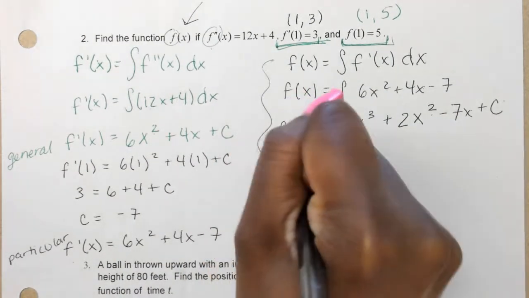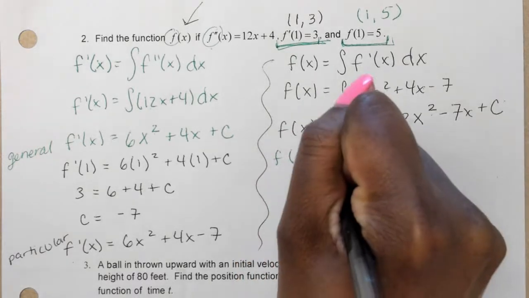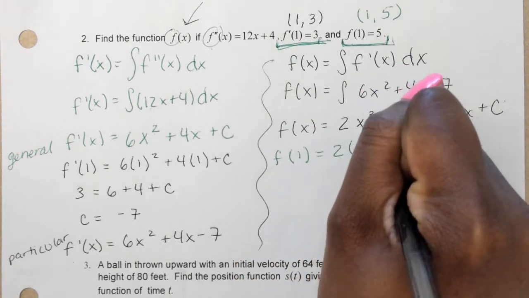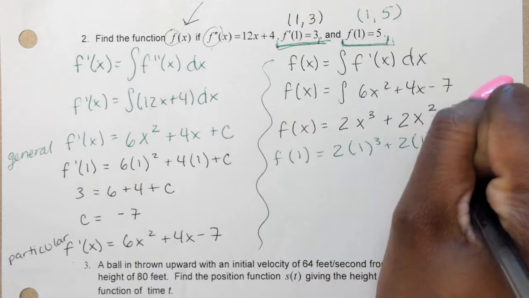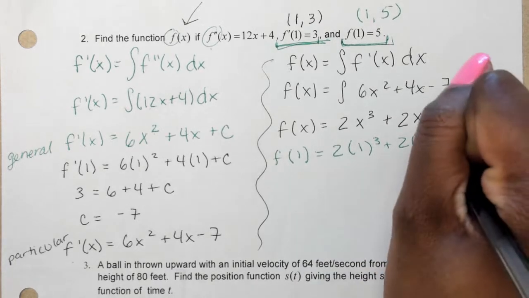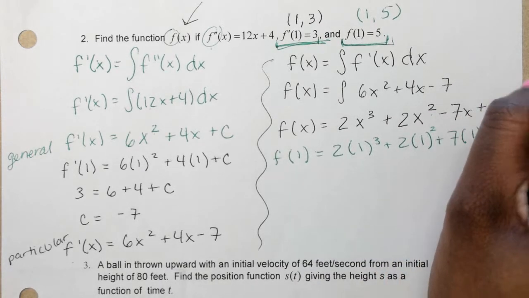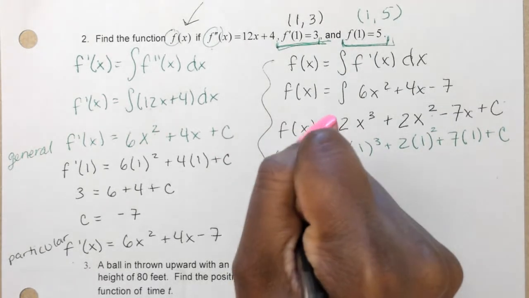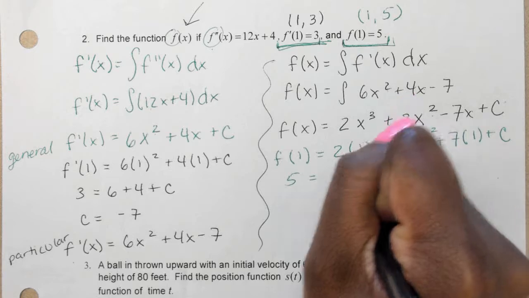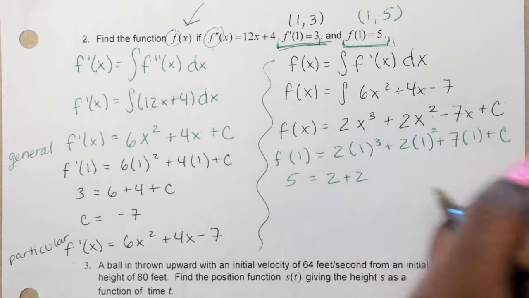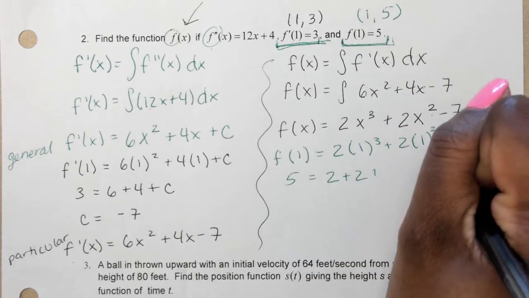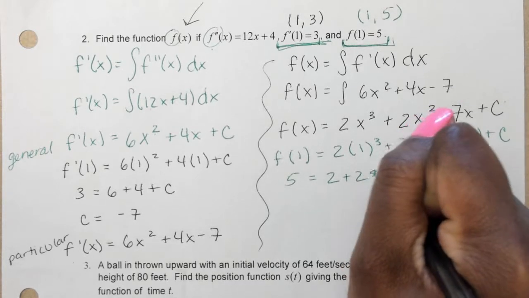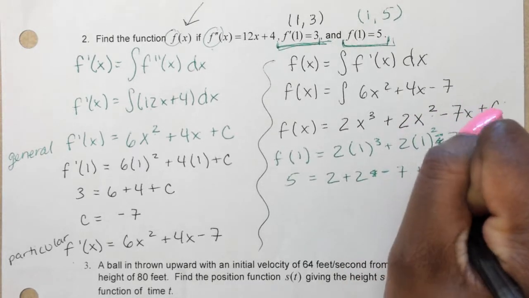So we'll plug in what we know, and we'll solve for c. So we have 5 equals 2 plus 2 minus 7 plus c.